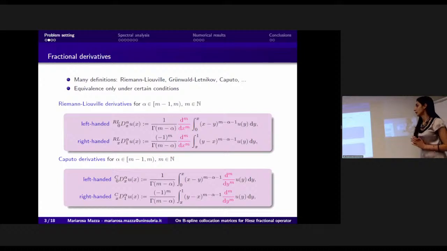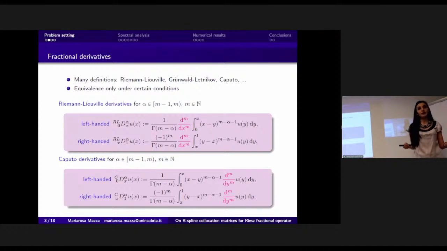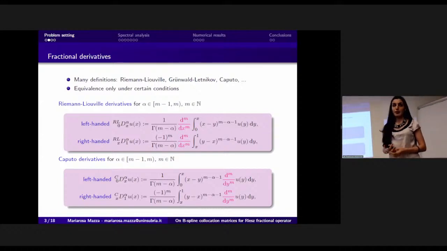We all know that there are many definitions for fractional derivatives and that these definitions in principle are not equivalent unless the solution is smooth enough. One of the most famous definitions is the Riemann-Liouville one, which is here. This kind of definition is usually preferred for space problems, since it's not asking that much regularity in the solution.